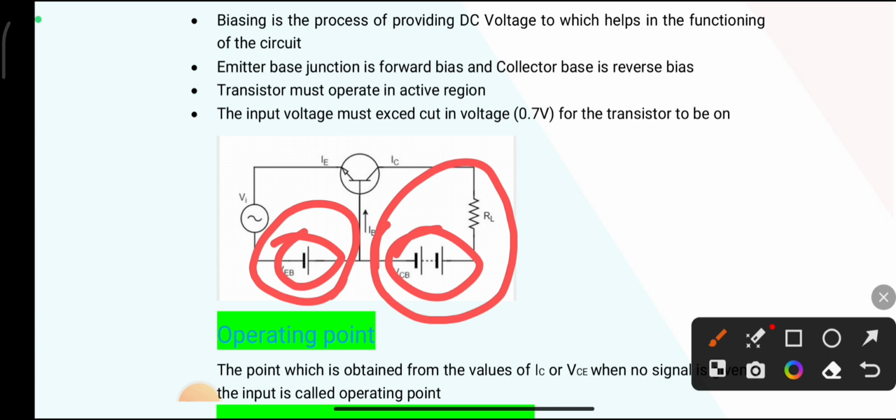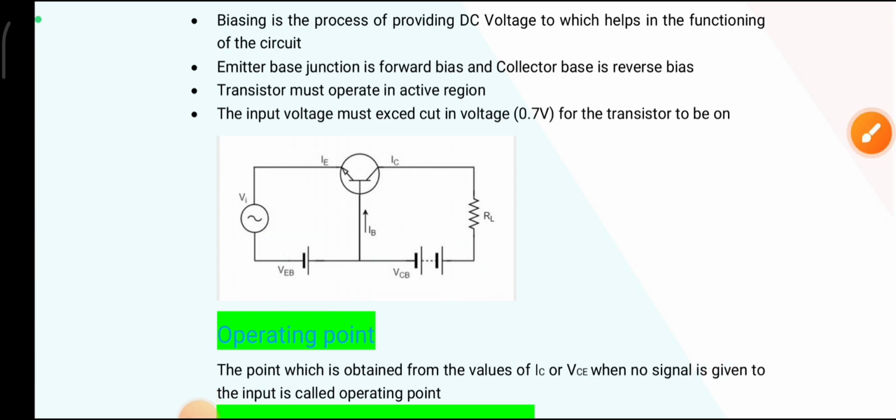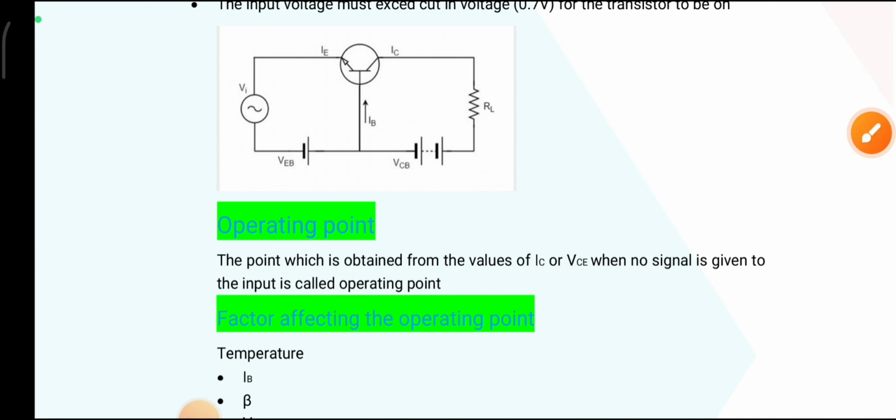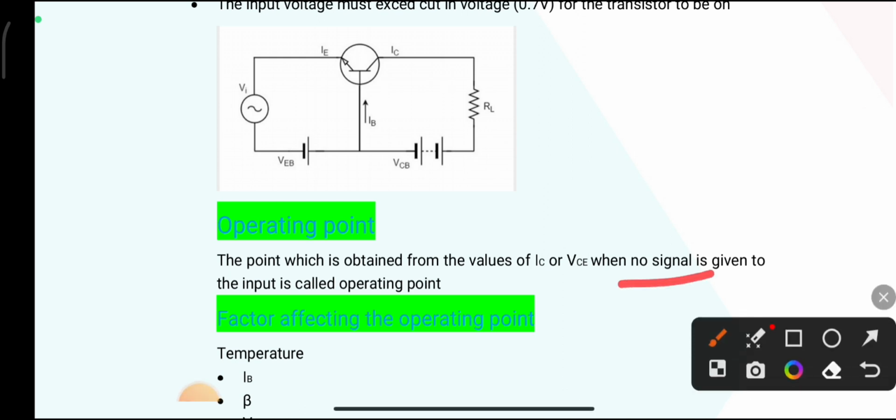Next we discuss the operating point. The operating point means the point which is obtained from the values of IC and VCE when no signal is given to the input. No signal means the absence of an AC signal.